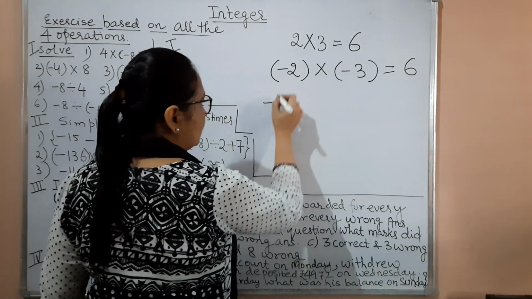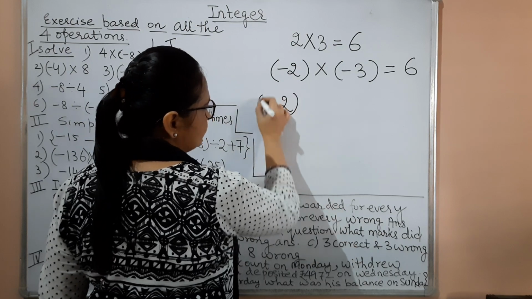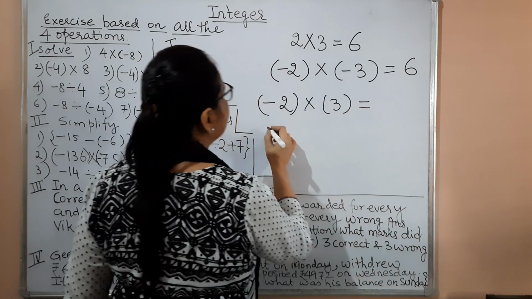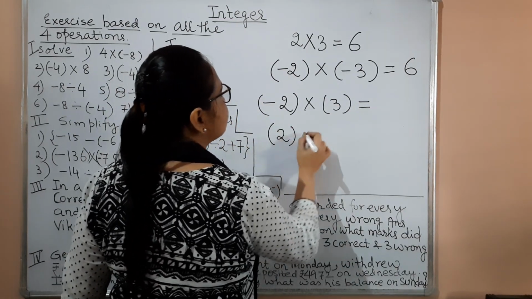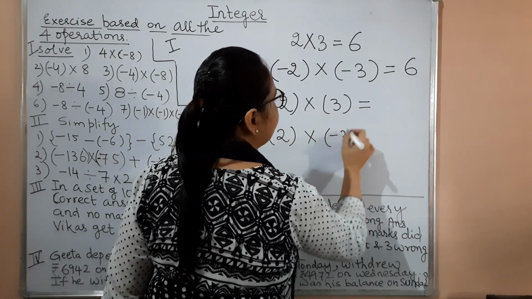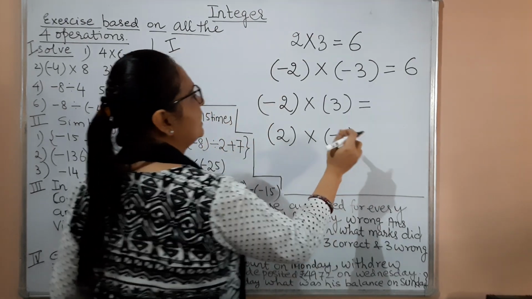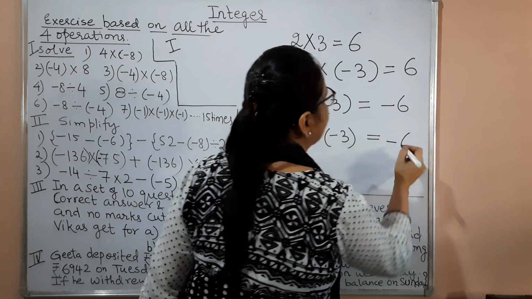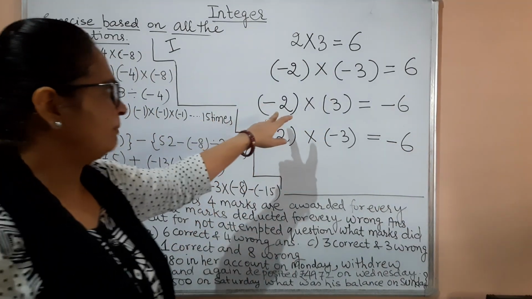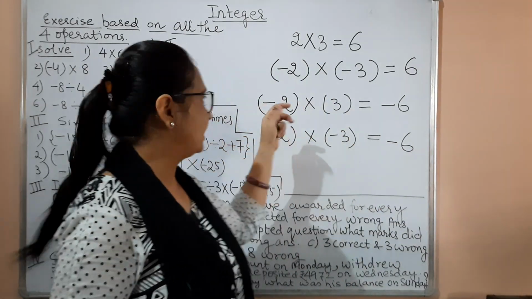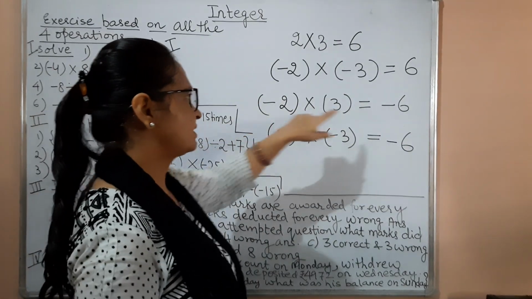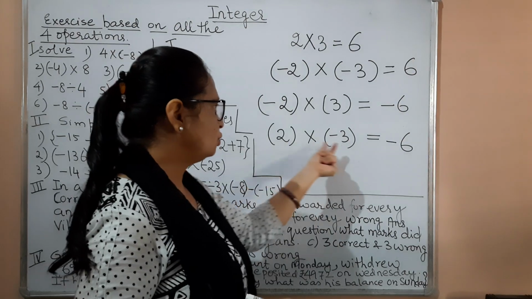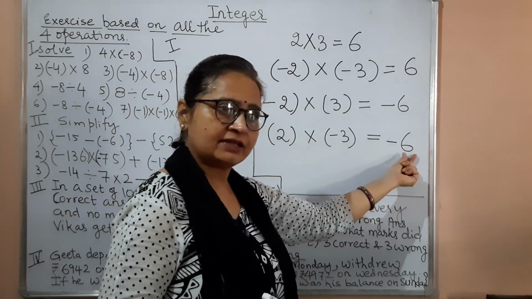Now apart from this, if we have minus 2 into 3, one positive and one negative, the answer in both cases will be minus 6. First we simply multiply the two numbers, ignoring the sign, and we get 6. Here also, 2 and 3 multiplied give 6.